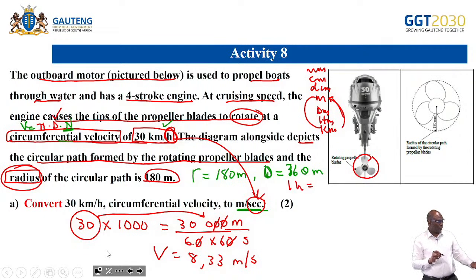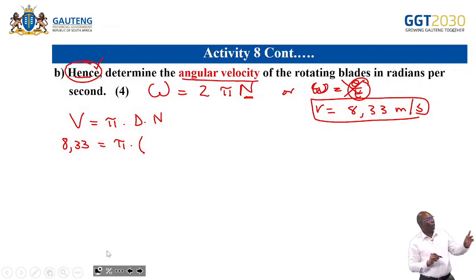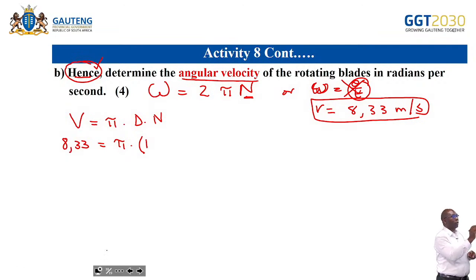Now, I'm going to put that as a diameter, as a radius, by the way. The radius is 180 meters, so I need 360 meters there for the diameter. And I've got the number of revolutions.